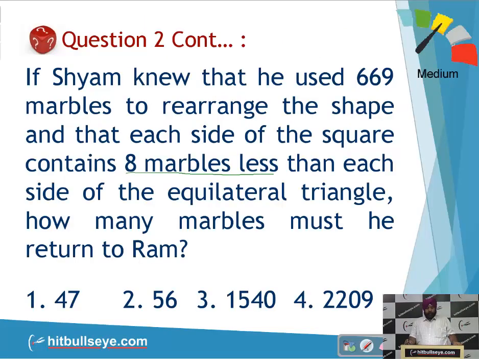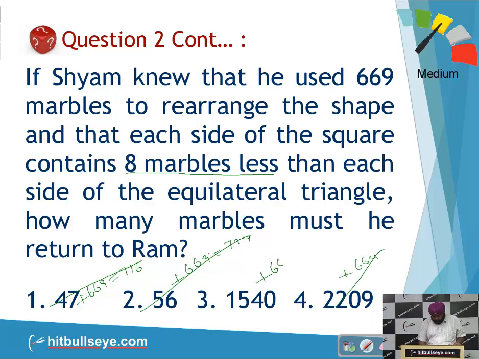Now we will check each option one by one. 47 on adding 669 will give us 716, which is not a perfect square. 56 on adding 669 will be 725, which is also not a perfect square. 2209 on adding 669 will not give us a perfect square. 1540 on adding 669 will give us 2209, which is the square of 47, and hence the answer.